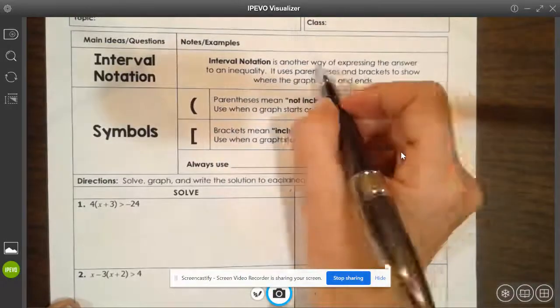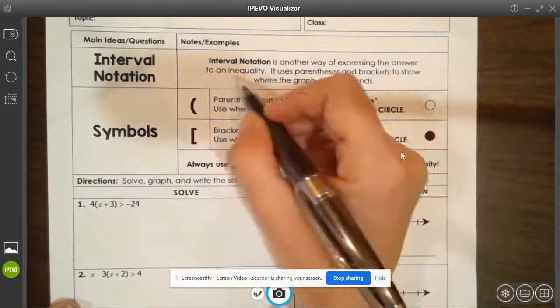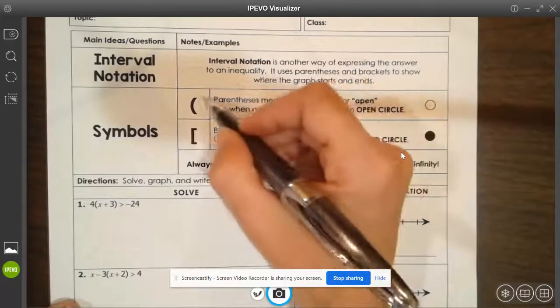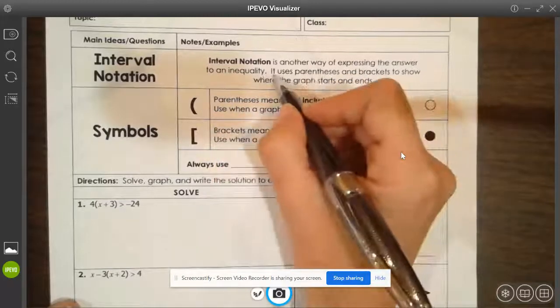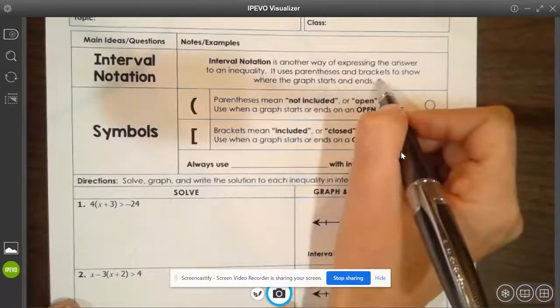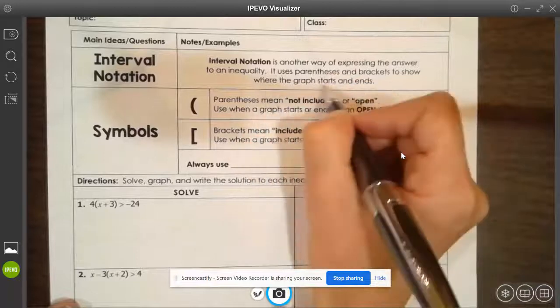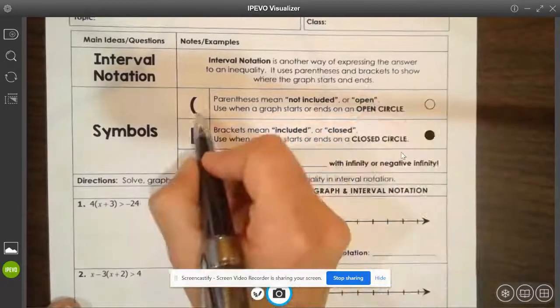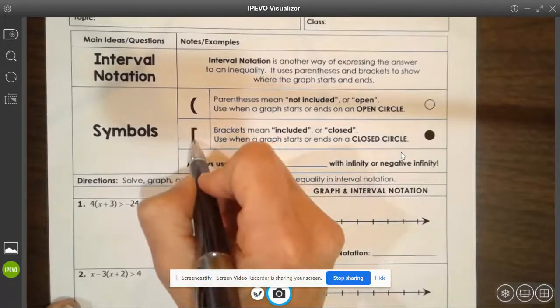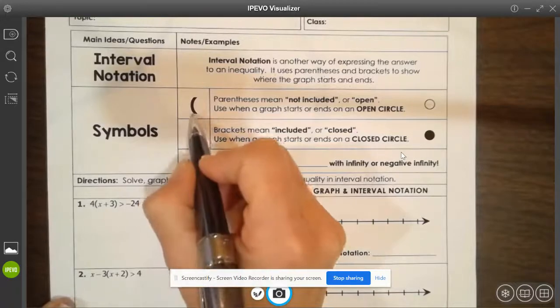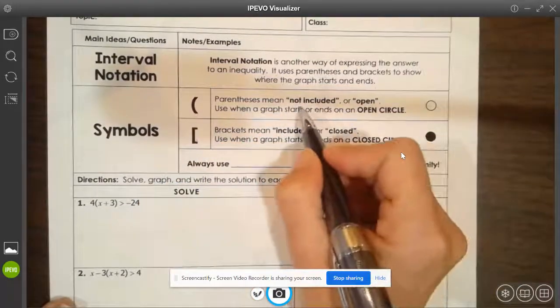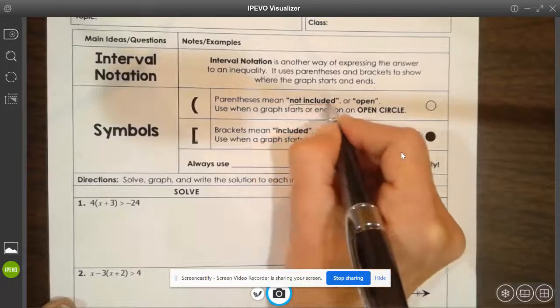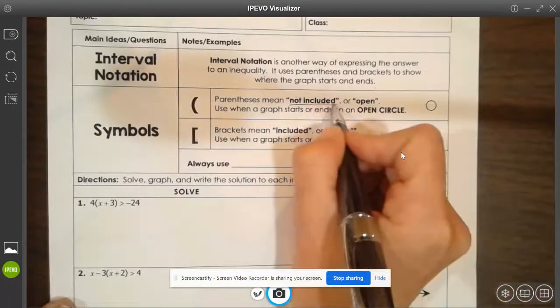interval notation is another way of expressing the answer to an inequality. I'm gonna show you what that means. It uses parentheses and brackets to show where the graph starts and ends. So this is a parenthesis and this is a bracket. So parentheses mean not included, where the number is not included.